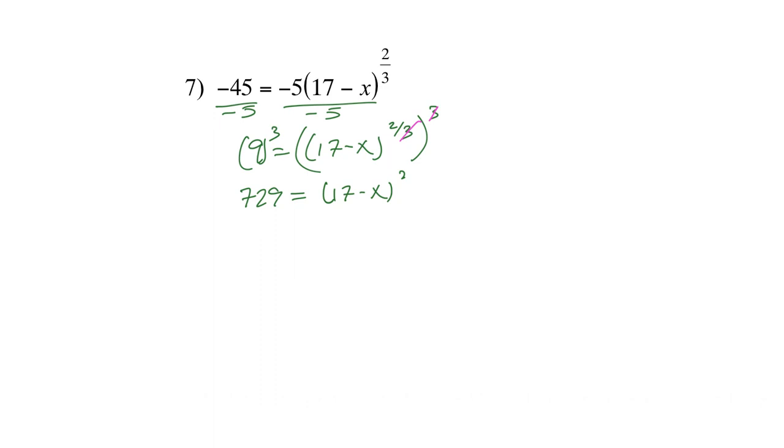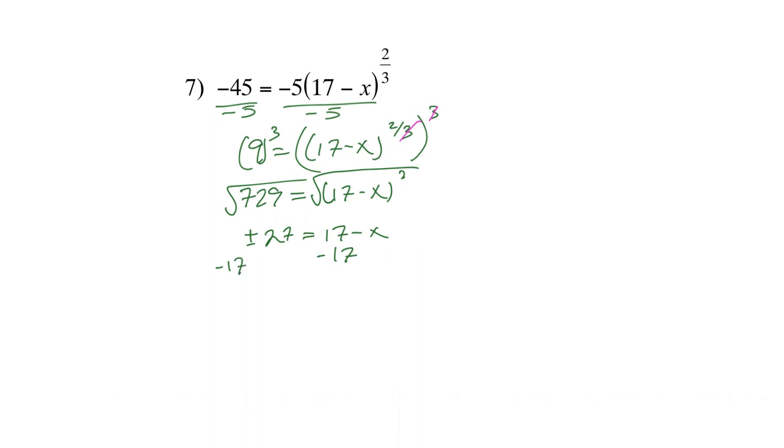Now that I have this, now I can take the square root on both sides. Remember that whenever we apply the square root or an even radical on both sides of the equation, we need the plus or minus right here. So that's going to be plus or minus 27 equals 17 minus x. I'm going to start by subtracting the 17 on both sides.